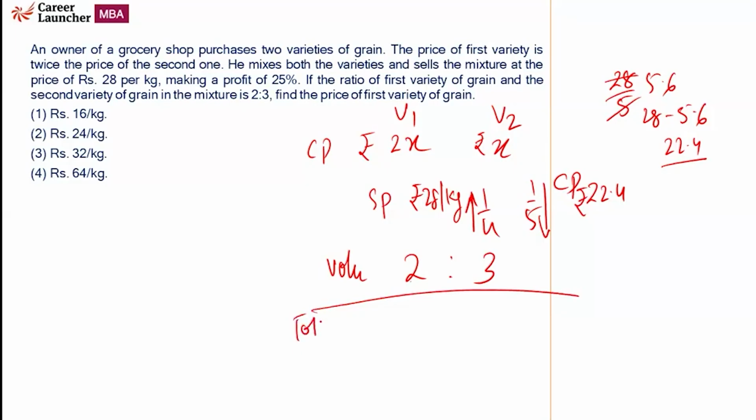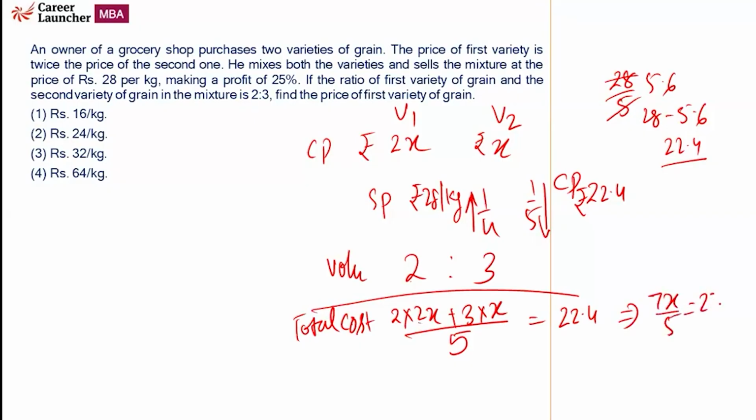Total cost: 2 into 2x plus 3 into x, which is equal to 22.4 divided by 5, because the average price is given. So 4x plus 3x is 7x by 5 is equal to 22.4. 7 3s are 21, 7 2s are 14, so x is equal to 16. So x comes out to be 16 rupees, which is the price of the second variety. What will the price of the first variety be?